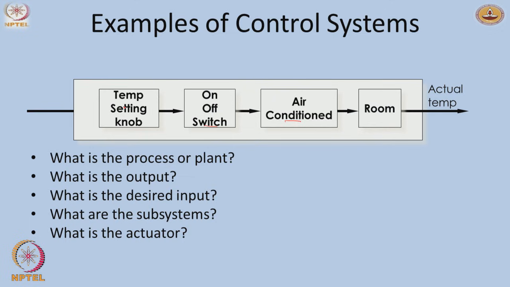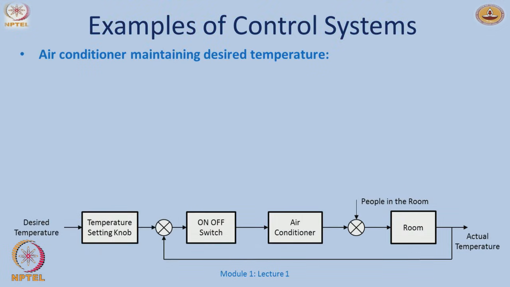What is the output? The output which I measure is the actual temperature of the room. What is the desired input? If I want a certain temperature, what could be the desired input over here? Are there any subsystems involved in the middle, and what is the actuator? So, we will slowly quantify or even model each of these and see what these mean in analysis and design of control systems. Okay. So, this was in the open loop case.